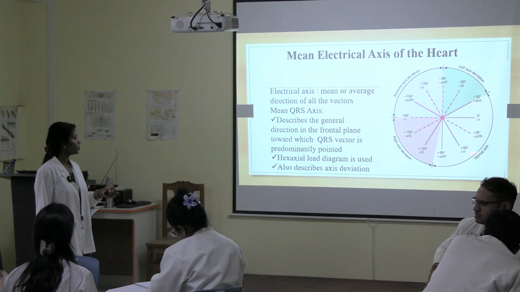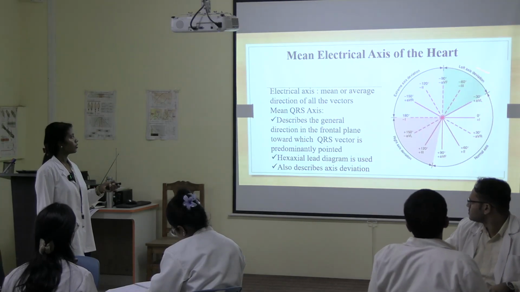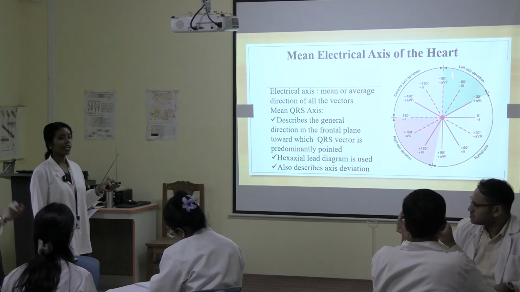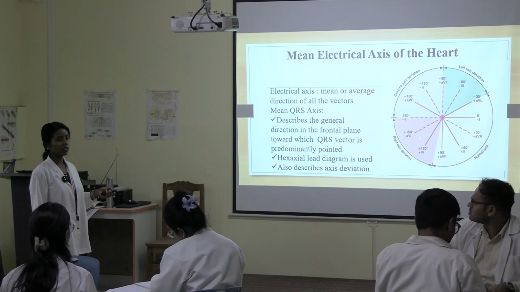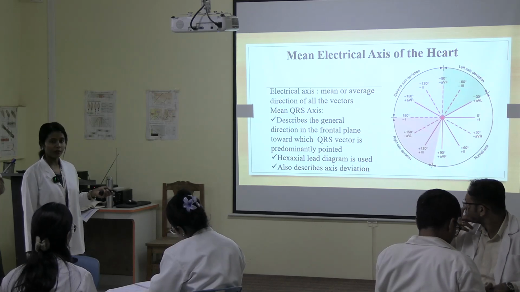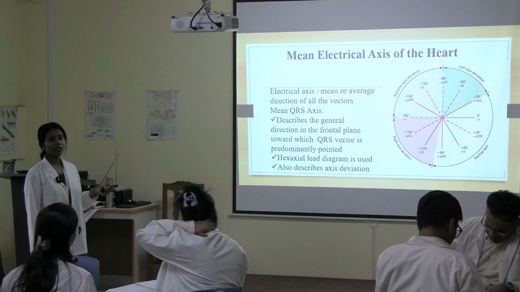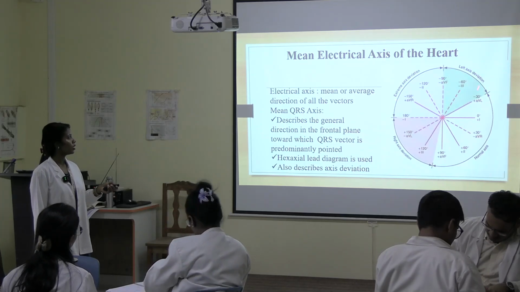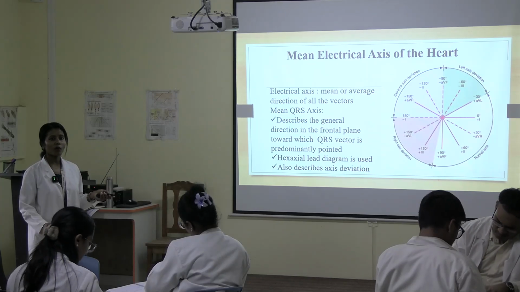If it's going negative more than minus 30, that is left axis deviation. If it's more than 110, more positive, that is right axis deviation. Okay, and in some cases it is extreme axis deviation also, but that is very rare. So normal axis is between minus 30 and plus 110.